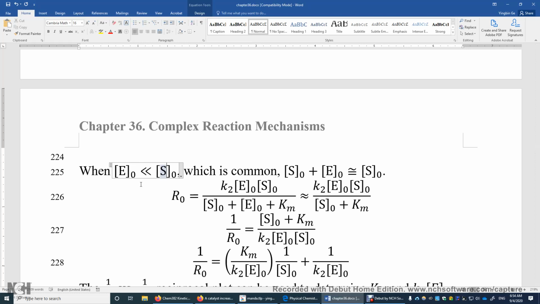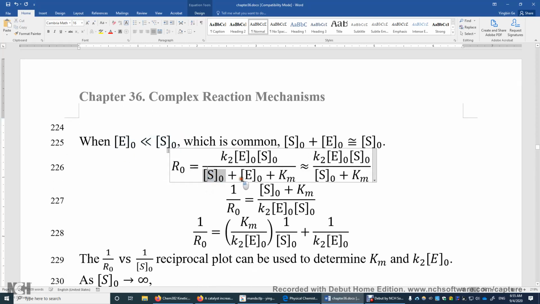The second reason is more practical or financial. I mean, enzymes are usually expensive. So that's why people use a very small amount of enzyme in experiments. And then because of this, we can just compare these two terms. Again, we're doing addition, so if E naught is much smaller than S naught, we neglect E naught.